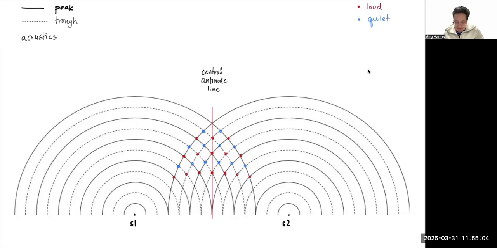But right next to it, on both sides, we have lines of quiet spots. And then right next to those quiet spots, we have another line of loud spots.